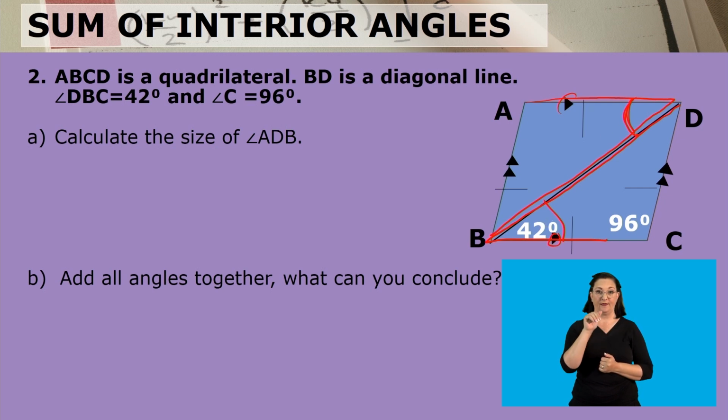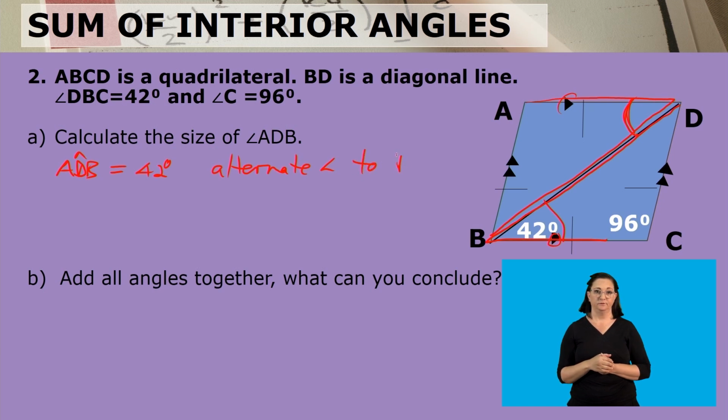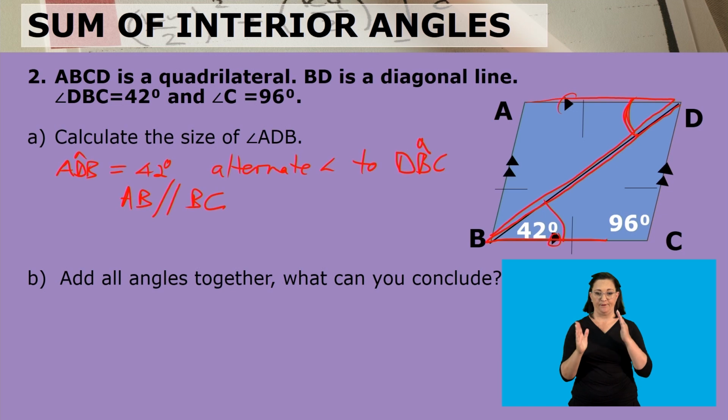So because AD and BC are parallel, angle ADB equals 42 degrees because it is an alternate angle to DBC. So that is why that angle equals 42 degrees.